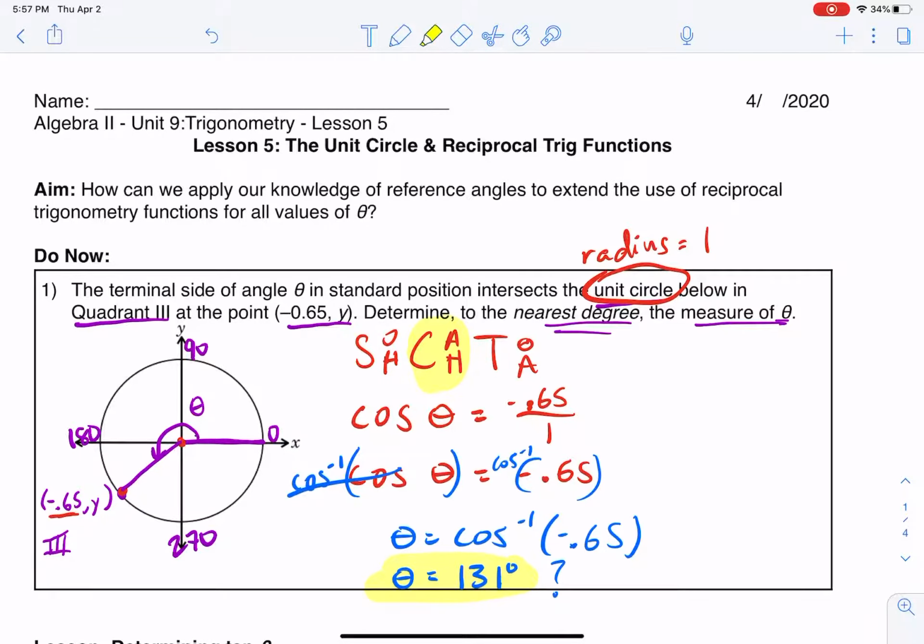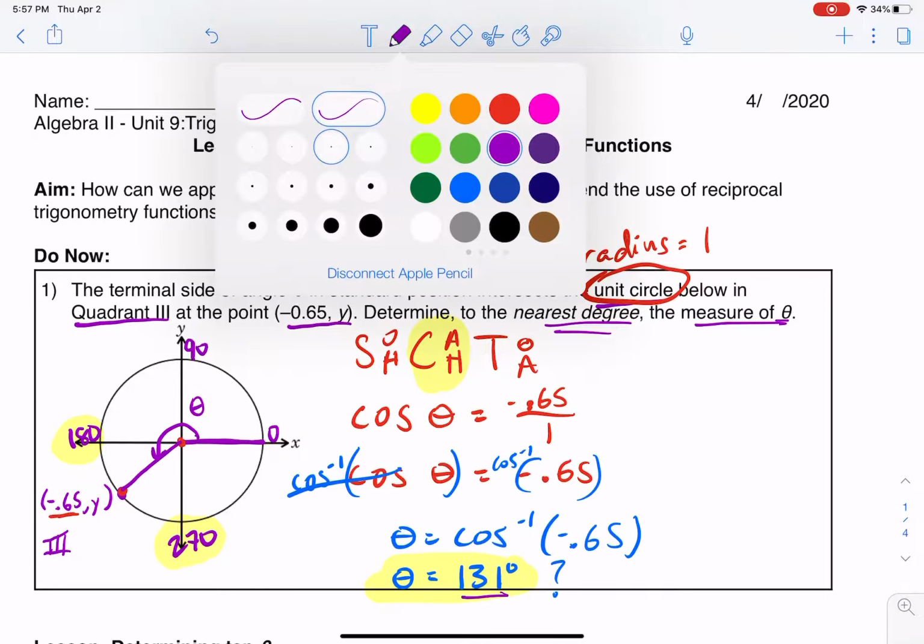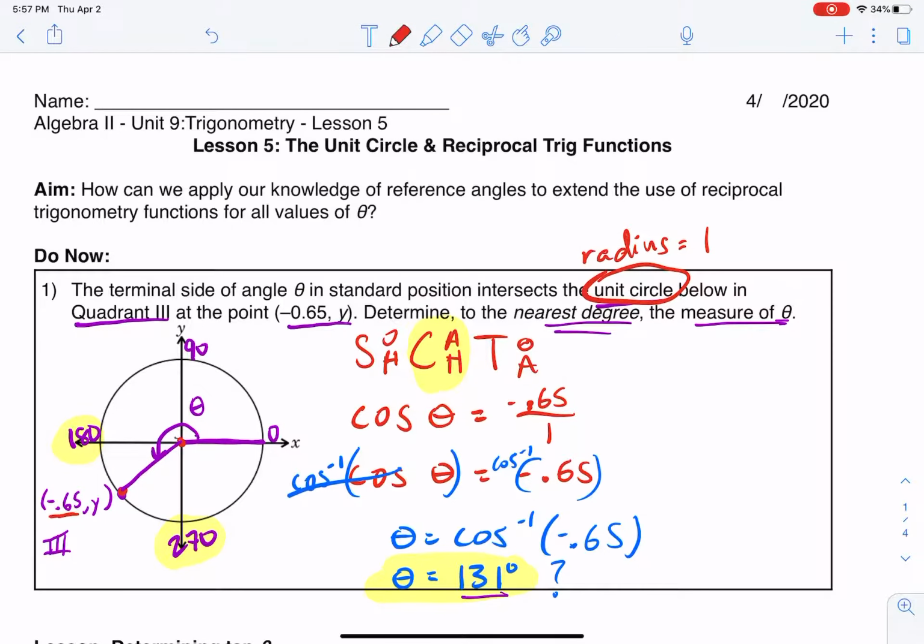We know that our angle is somewhere in quadrant 3, so it has to be between 180 and 270 degrees. But the angle we found, 131 degrees, I'll do that in a different color, is here. Somewhere around there.